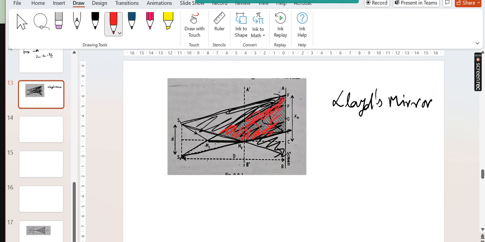So in this portion the two waves get interfered or overlapped, so we get interference only in this position.